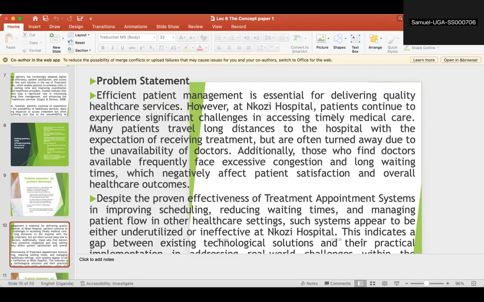Now you see, it is not only one challenge that the patients are going through, but also those that find the doctors realize that the numbers are overwhelming. Sometimes, just imagine you have an emergency, maybe it has been an accident, and then you have very many people in the queue waiting.